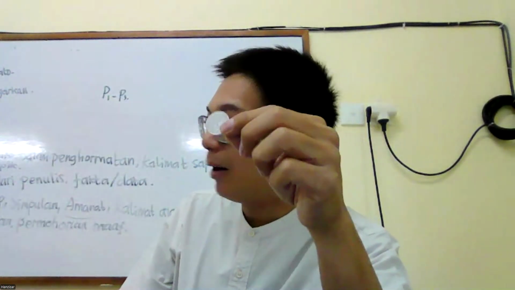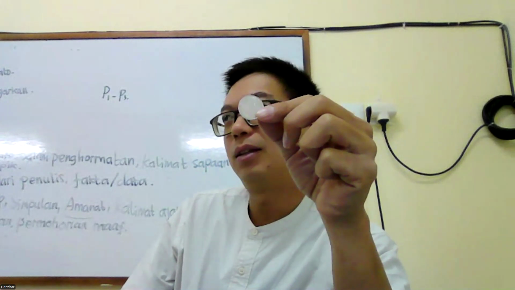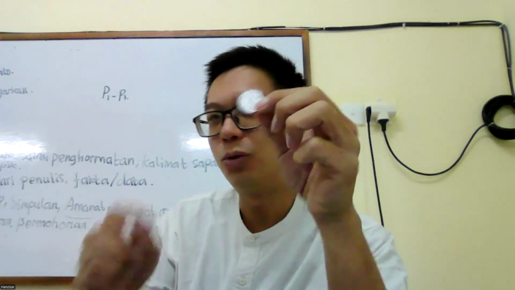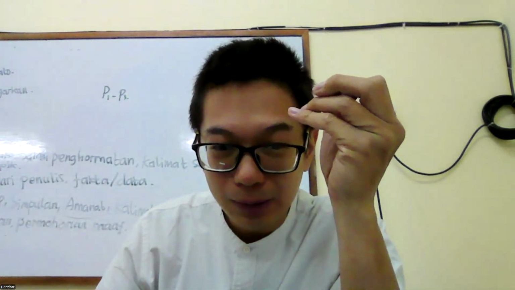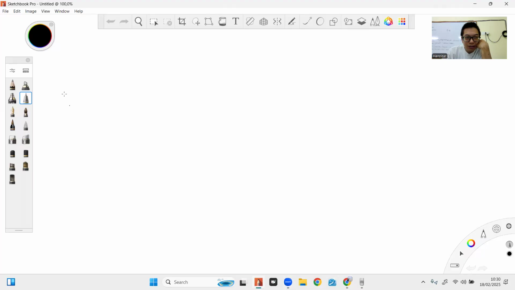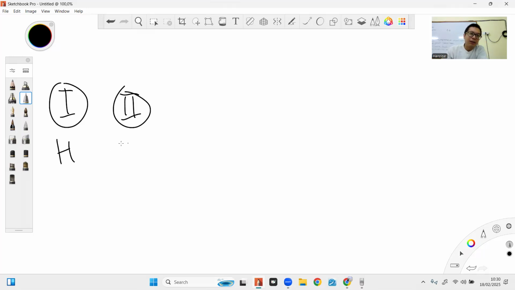Why one coin? Because we are talking about the probability of a single event, not double events. More than one, yes, it can be 2 coins. Coin 1 and coin 2. If you toss 2 coins, it can be head head, head tails, tails head, tails tails.